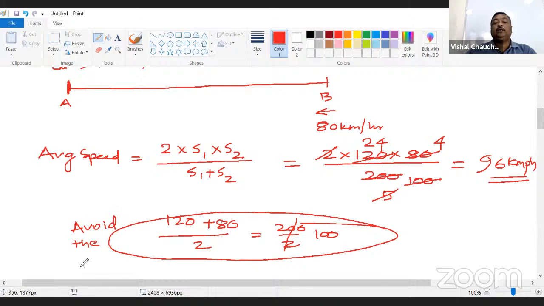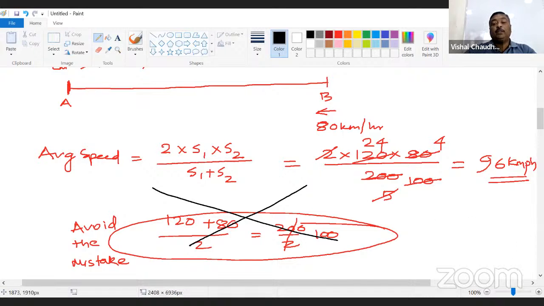Avoid the mistake. Average speed is not calculated this way. Never make this mistake. Always use this formula.